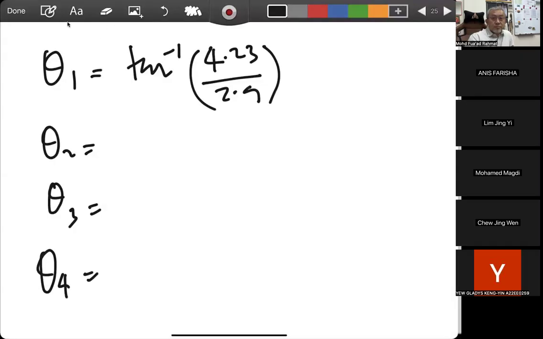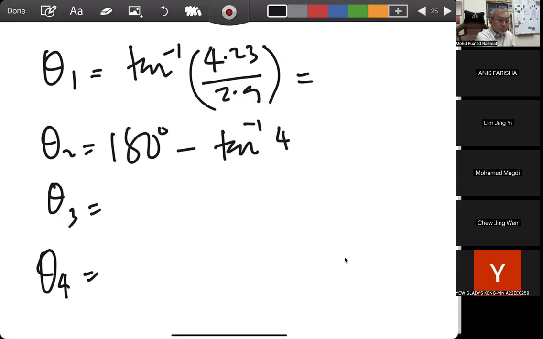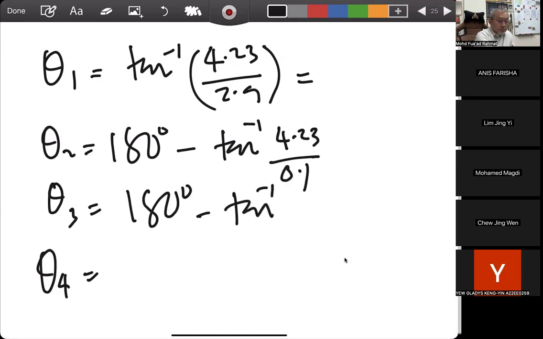Okay, theta 1 is... Okay, Anis, please help me calculate this. Okay, help me.